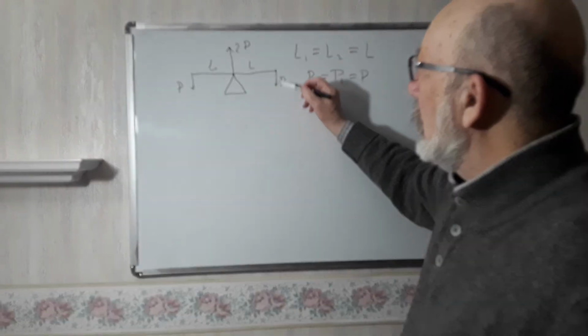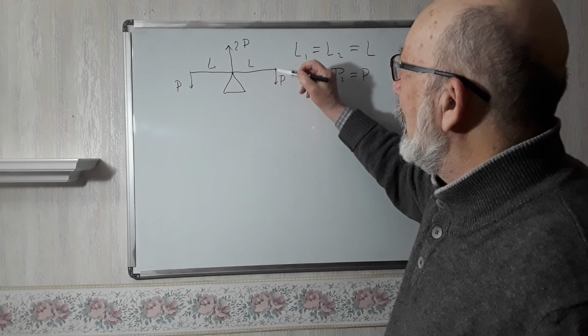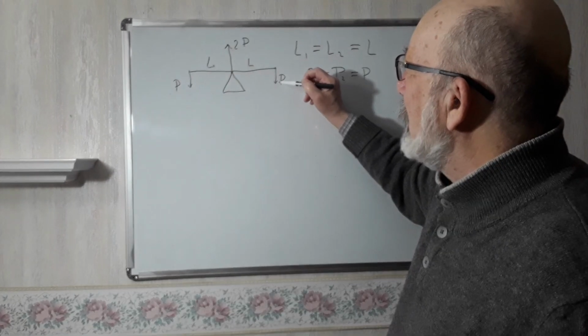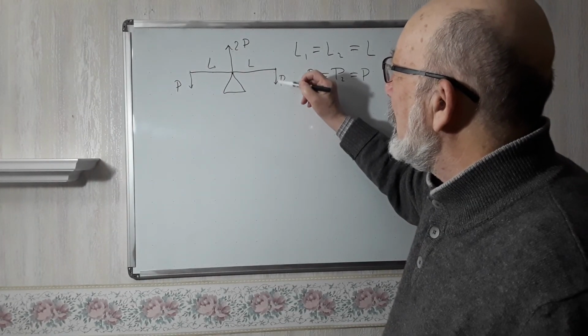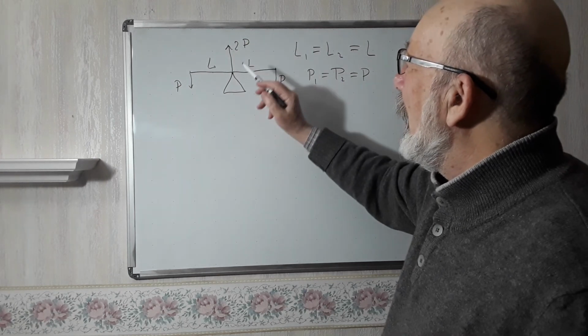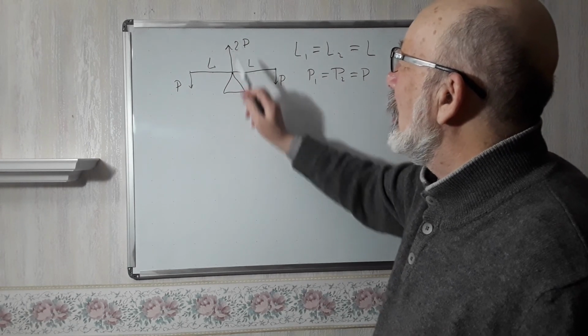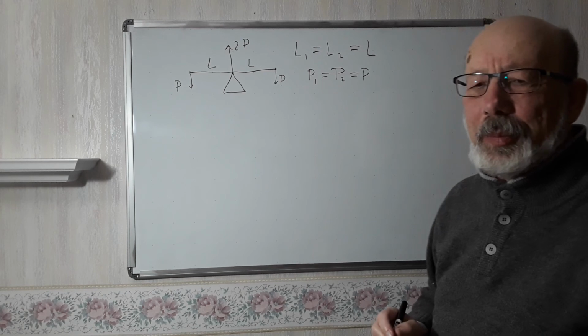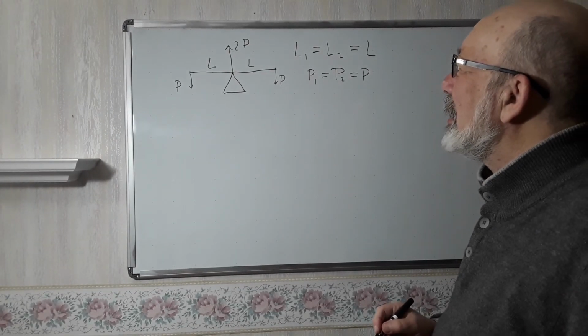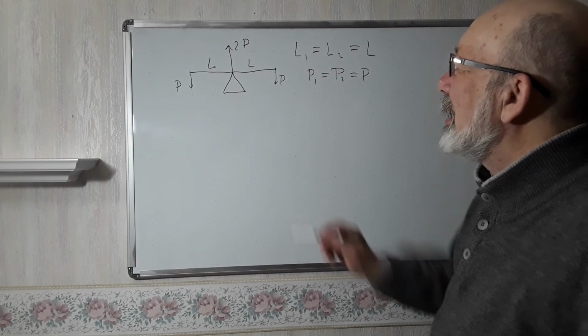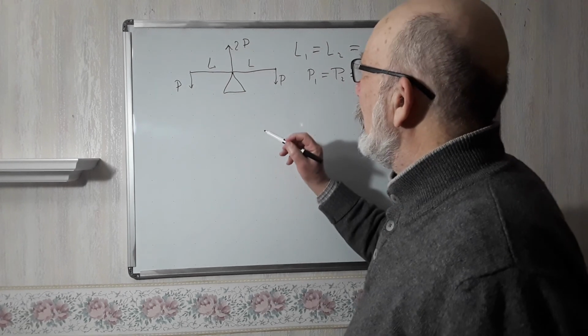So two forces of size P are applied at the end points going down, and one force of size 2P going up, and in this situation this lever is at equilibrium.